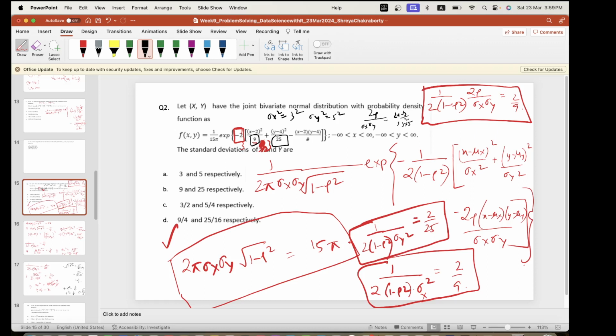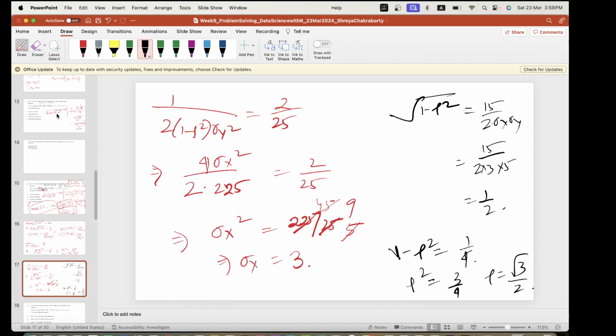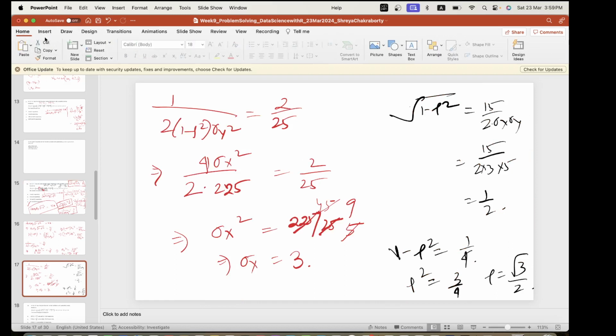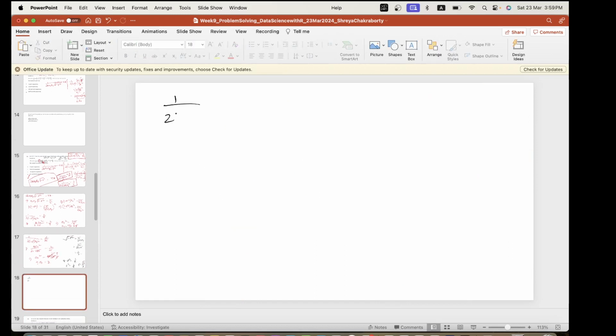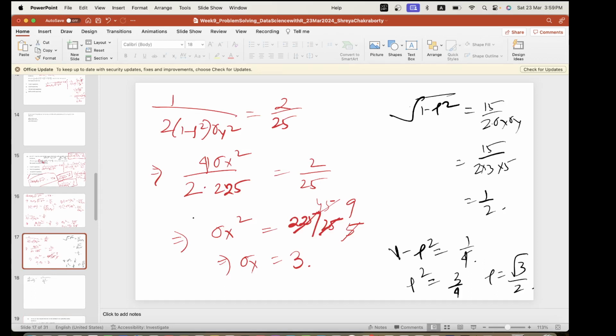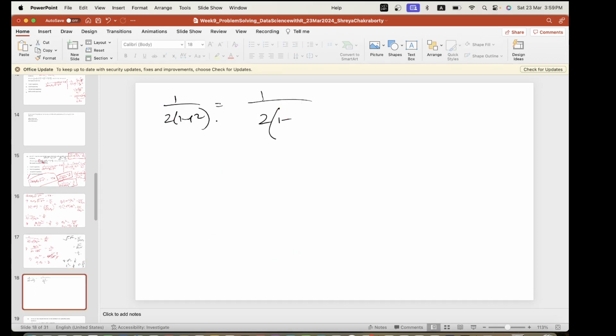So is it coming here? 1 by 2, 1 minus rho square is how much? 1 minus rho square is half. That is 2 into half square. So we are getting 2. So this part is matching.